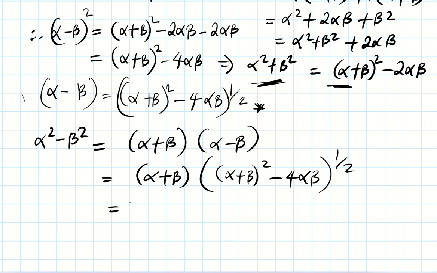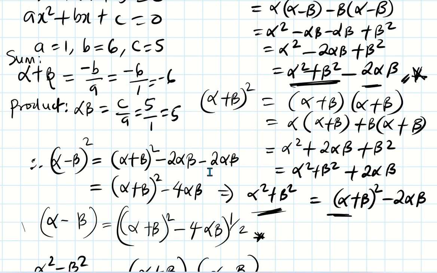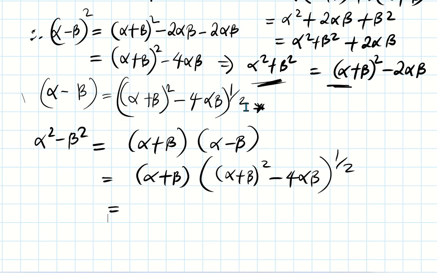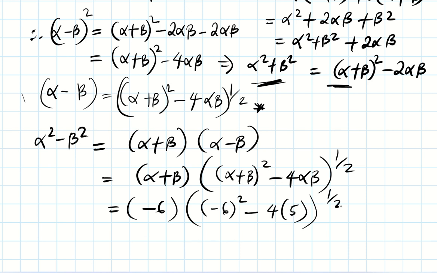So we substitute the value of alpha plus beta and alpha beta. From our equations, alpha plus beta is -6 and alpha beta is 5. So here we have alpha plus beta to be -6, then open bracket, alpha plus beta, -6 squared, minus 4, open bracket, alpha beta is 5, then raised to the power of half.